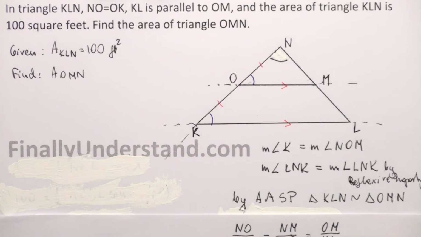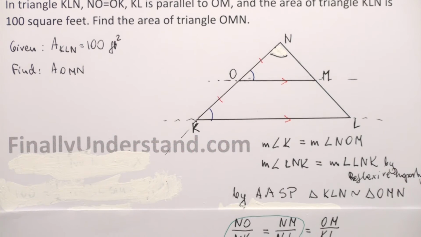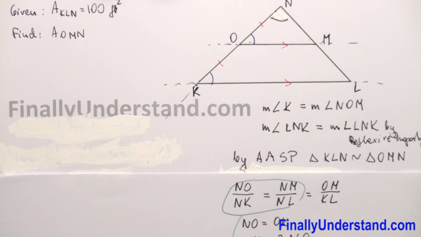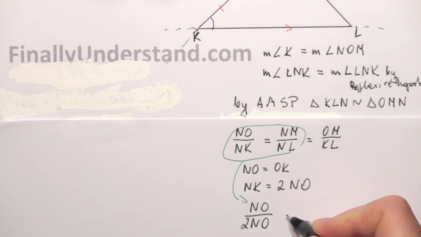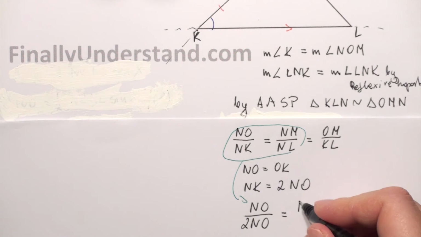So now we can take this first proportion and rewrite it: it will be NO, we will copy, and NK we will substitute with 2 times NO. And the right side we will copy.